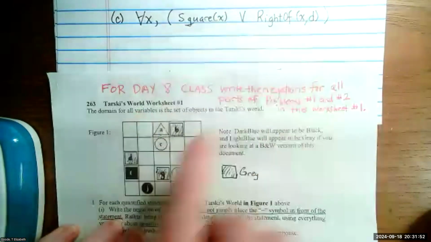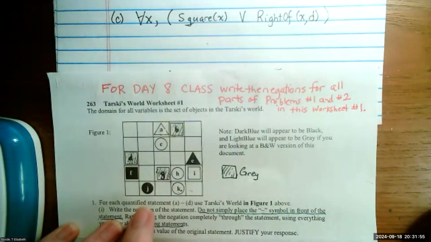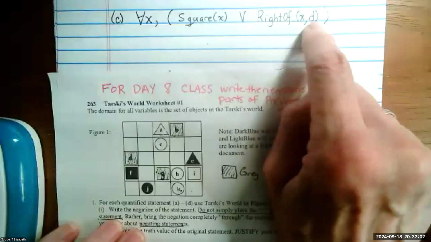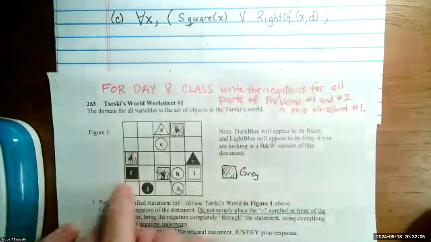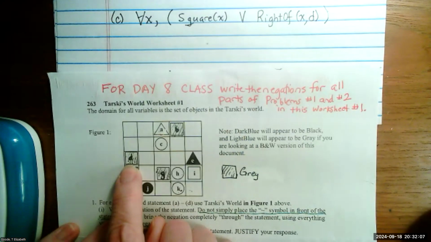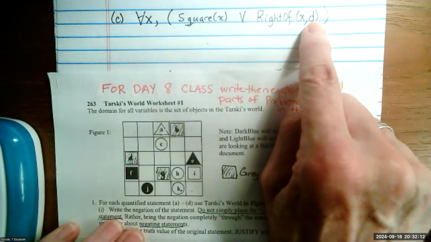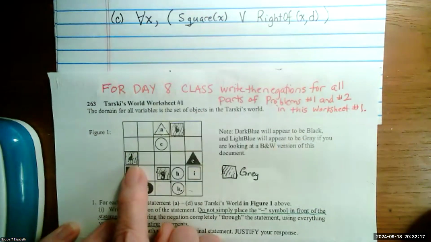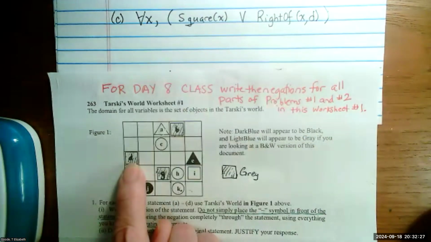What part of this is true when X is D? When X is D, you're saying right of DD is true? Is D to the right of D? No. Right of DD fails. But what about square D? Is D a square? Yeah. So this predicate is true when X is D because square D is actually true.